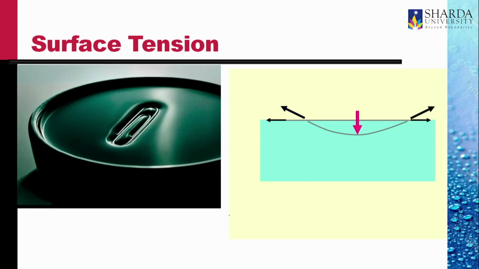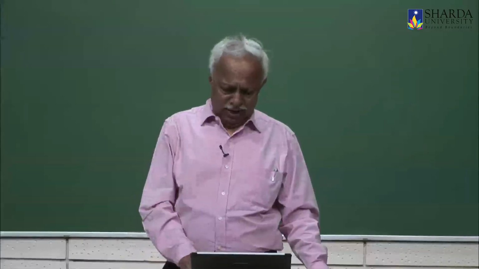And the vertical component of this inclination balances the vertical force which is shown by a red arrow. This is what is happening to the clip. You can see the water around this clip is showing a depression. So it's like a membrane which is stretched and supports the weight of the clip.